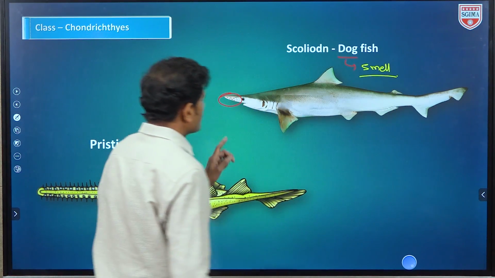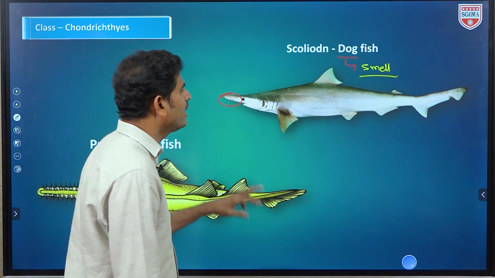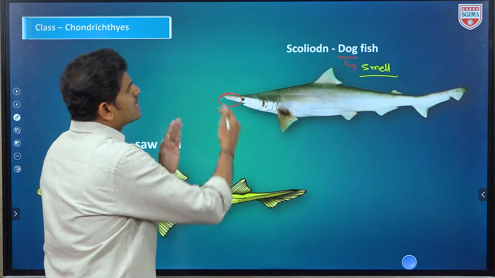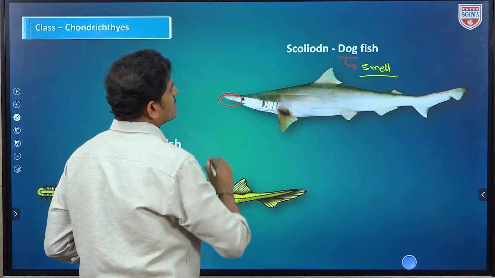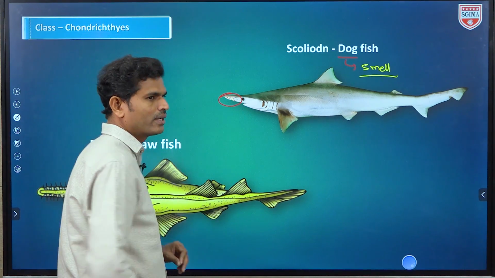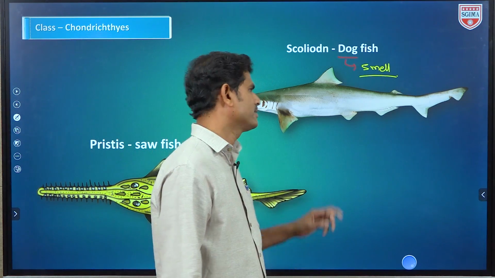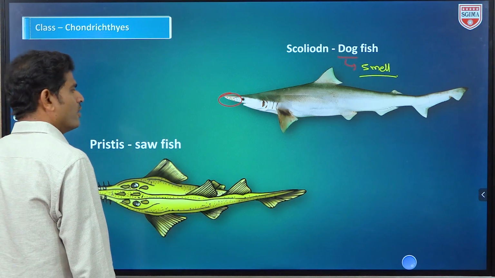These act like olfactory receptors, and they are compared with dogs, so this is called dogfish. With the help of these sensory organs, it locates food materials. That's why it is known as dogfish.